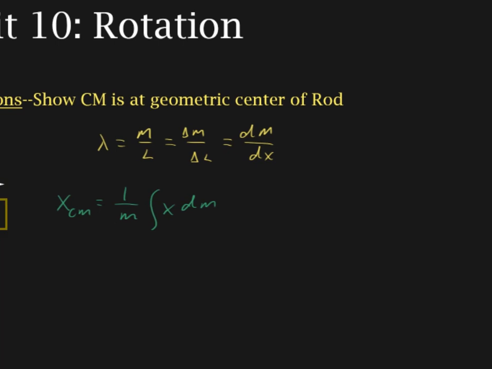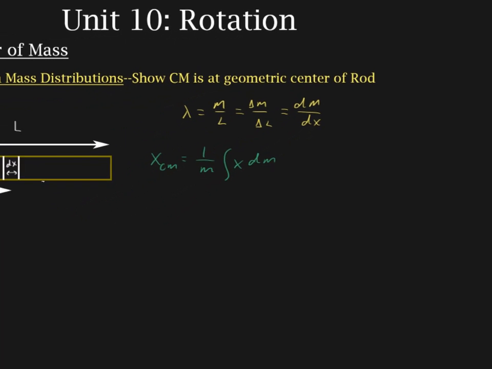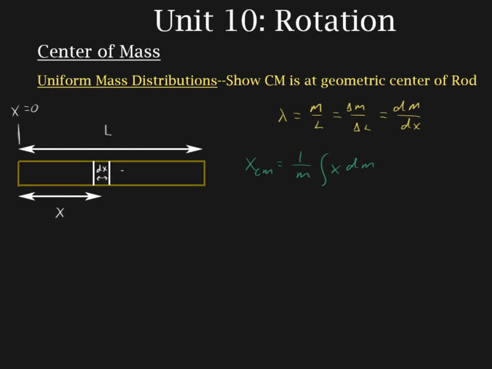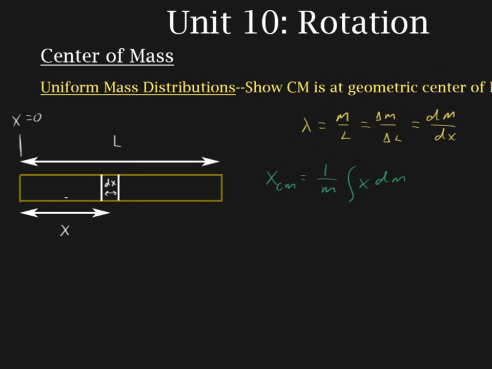This is just for a long thin rod, if you will. When we integrate this, we're integrating with respect to position, or dx, because we're going to take this small chunk right here, and then add to that this small chunk right here, and this small chunk right here.